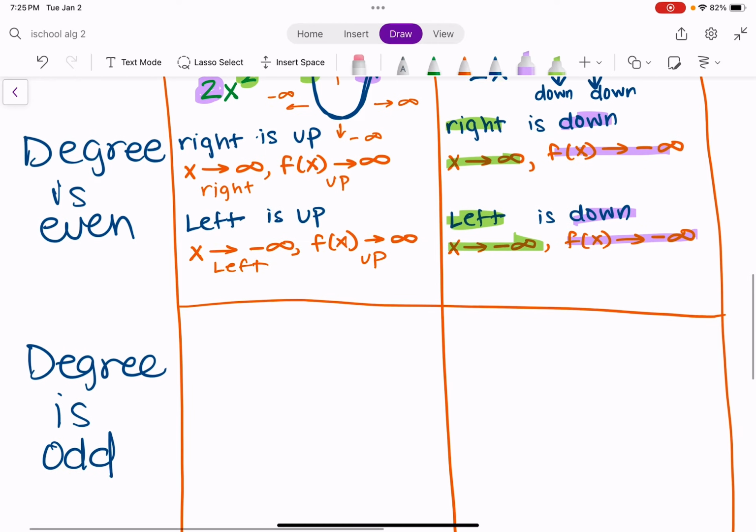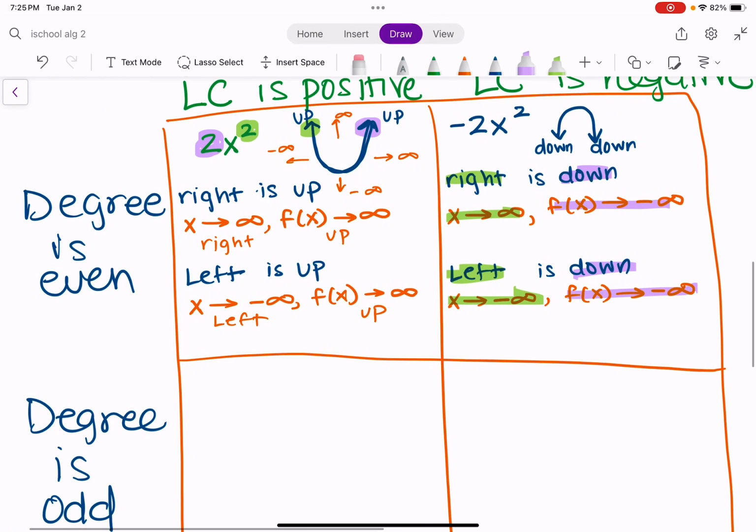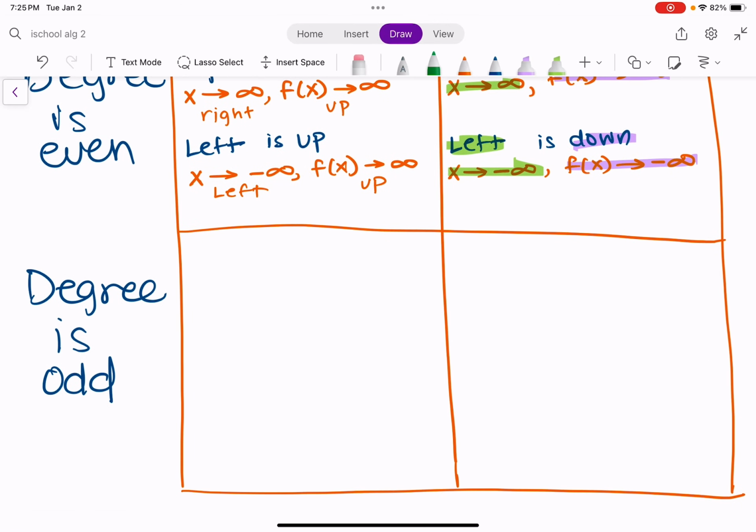Okay, let's now talk about if the leading coefficient is positive and the degree is odd. For example, if we have 3x to the third, okay? That's going to look something like this, right? So if you notice, the right is up and the left is down.